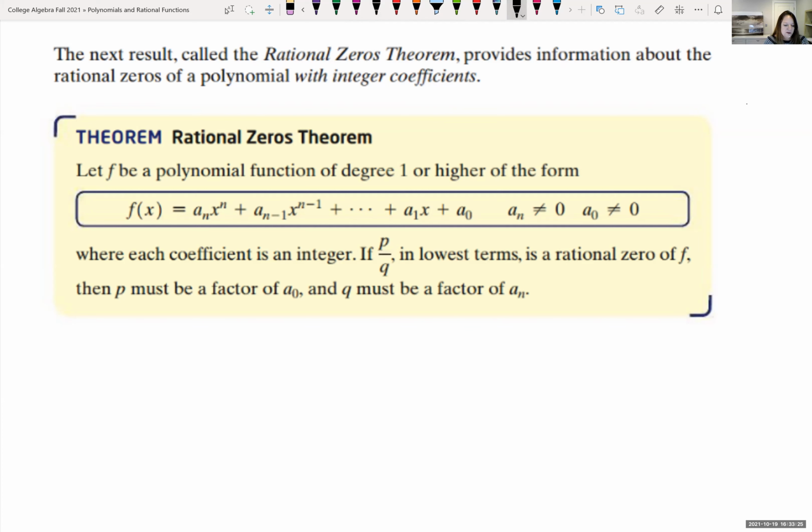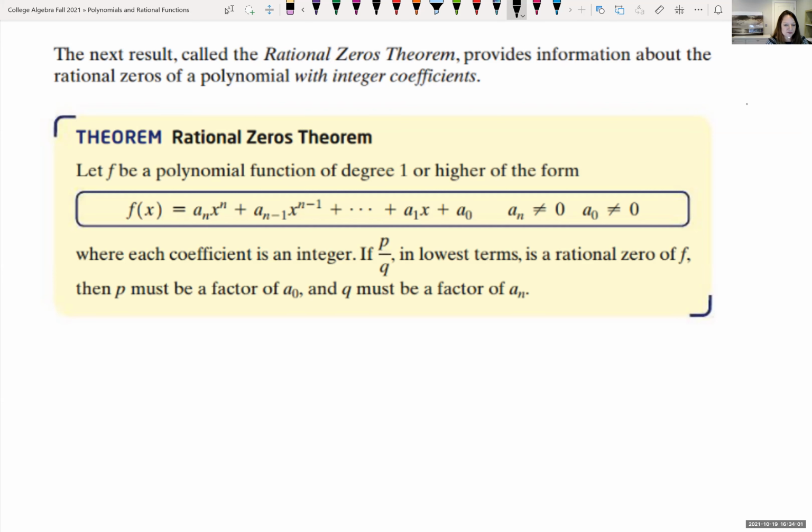So let f be the polynomial function of degree 1 or higher of the form f of x equals a sub n x to the n plus a sub n minus 1 x to the n minus 1 plus dot dot dot plus a sub 1 x plus a sub 0, where a sub n doesn't equal 0 and a sub 0 doesn't equal 0, and each coefficient is an integer. If p over q in lowest form is a rational zero of f, then p must be a factor of a sub 0 and q must be a factor of a sub n.